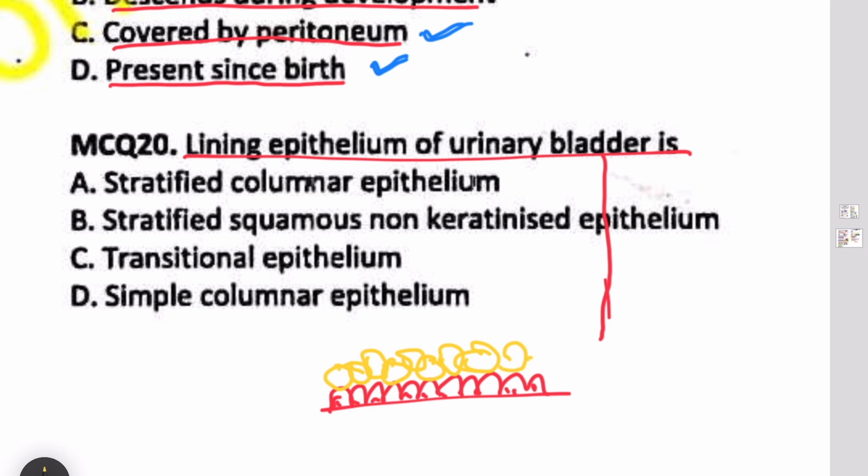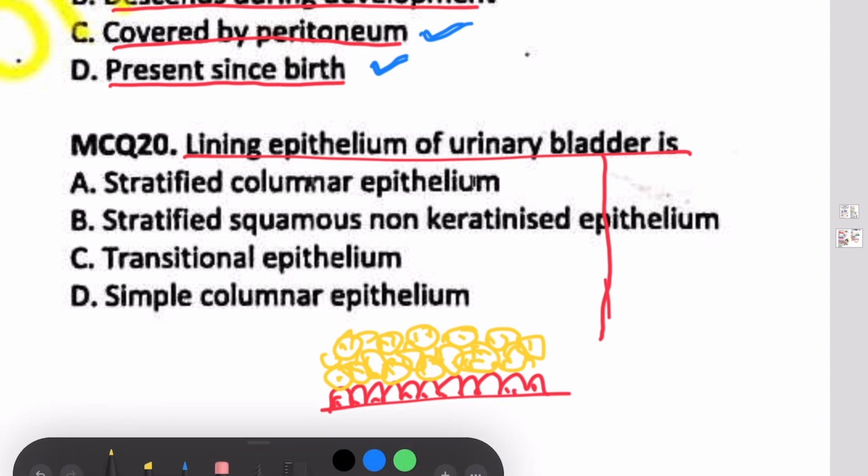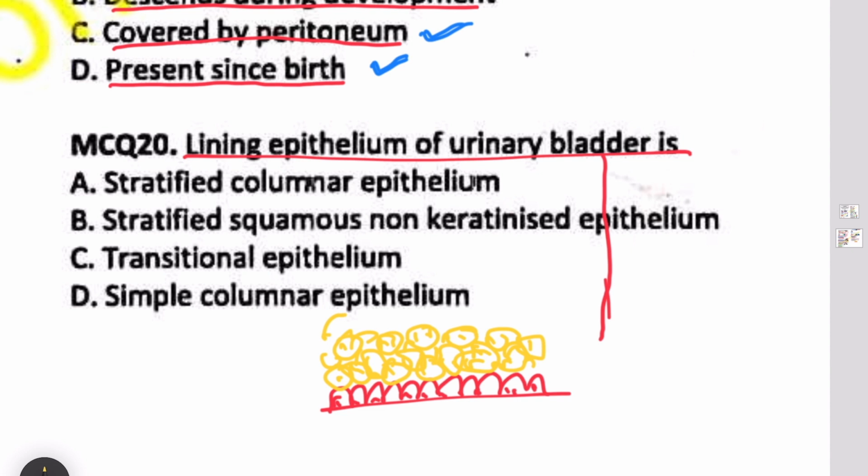This is a multi-layered epithelium, and the top layers are said to be umbrella shaped cells. Why umbrella shaped cells? Because they help to stretch. This epithelium needs stretching because of the dilatable, distensible viscera.